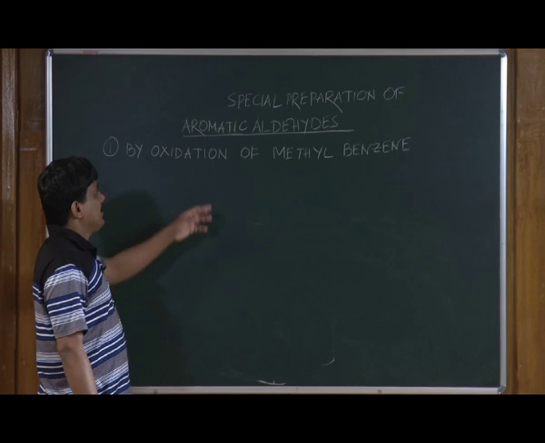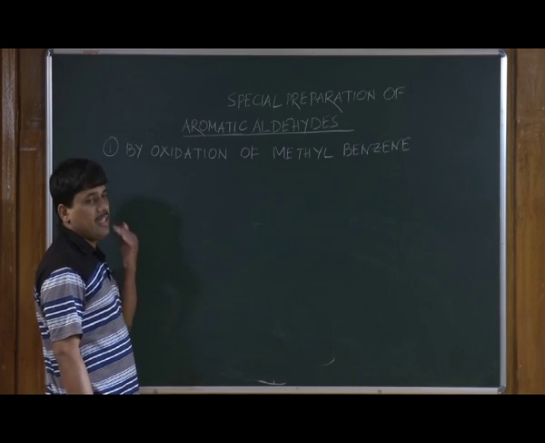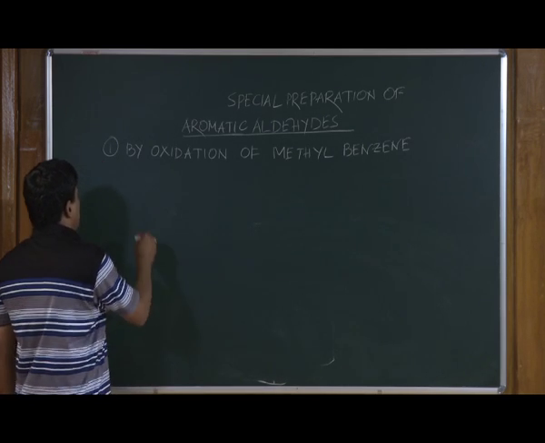So, methyl benzene can be oxidized to aromatic aldehydes, and this can be done in two ways.